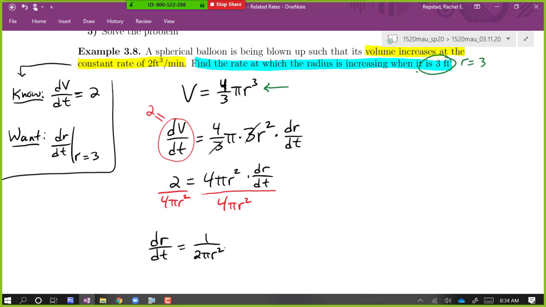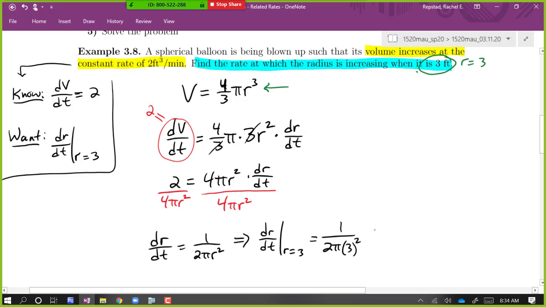So I have dr/dt as a function of r. I'm ready to just plug in r equals 3. Nine times 2 is 18 pi in the bottom. That would be dr/dt. What should the units of dr/dt be?